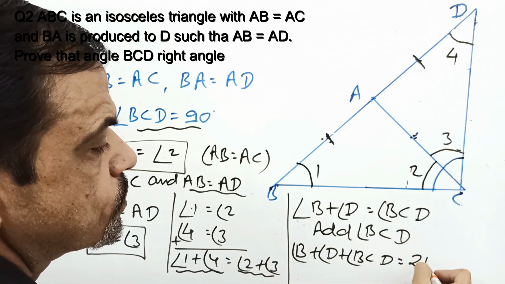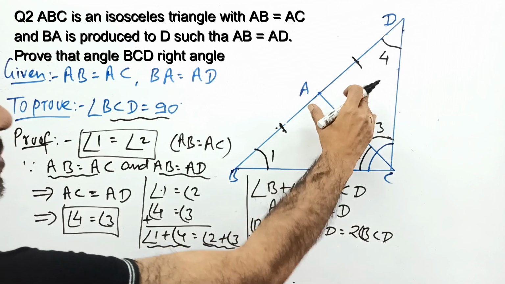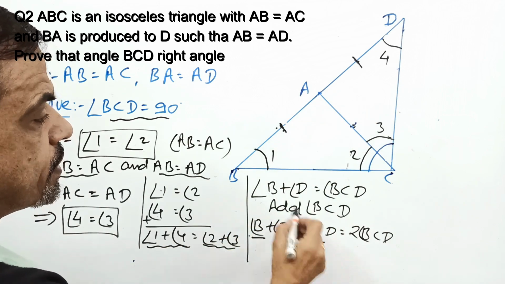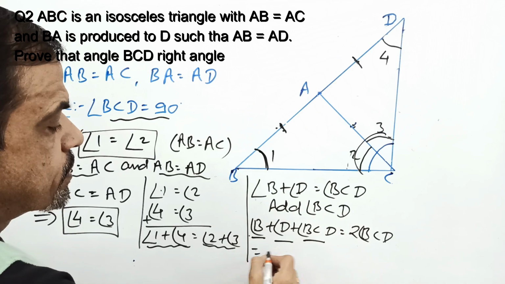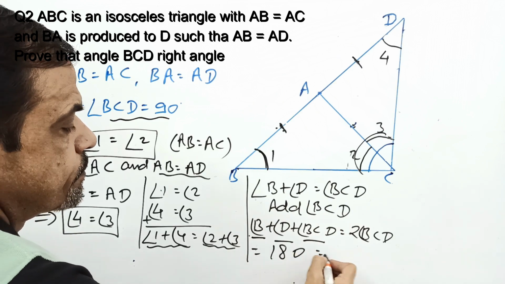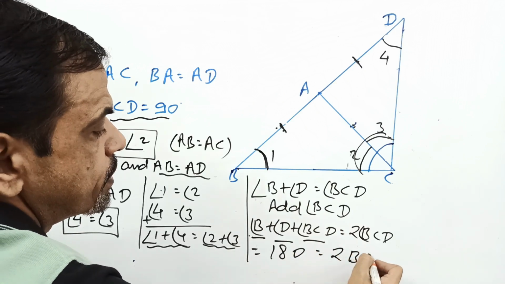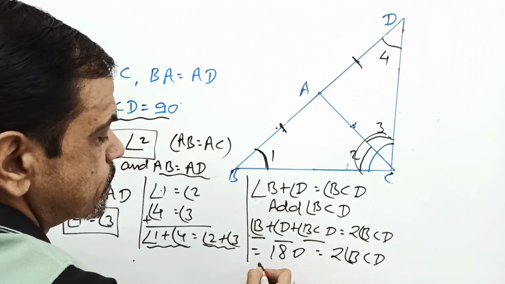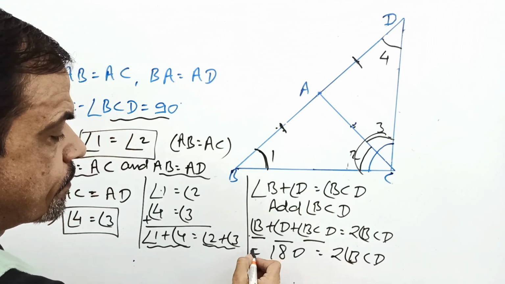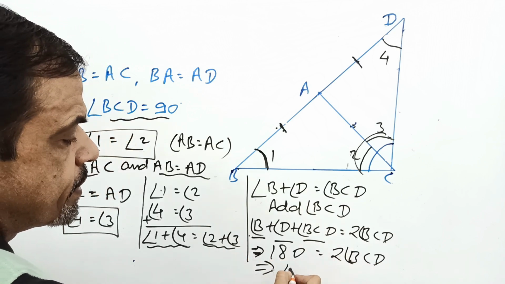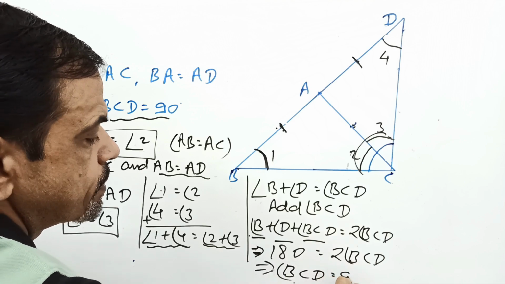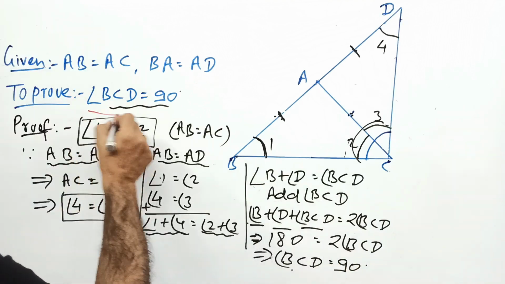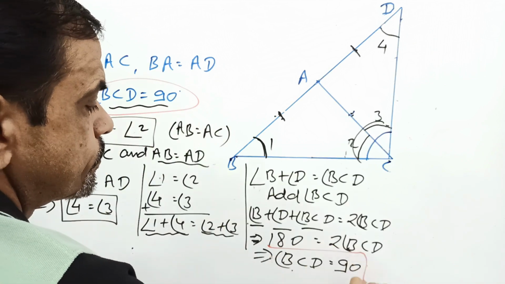This gives 2 BCD. Now focus on the diagram: B, D, BCD, by the angle sum property it is 180, and it is 2 BCD. So BCD equals 180 upon 2, which means 90 degrees. So it is proved.